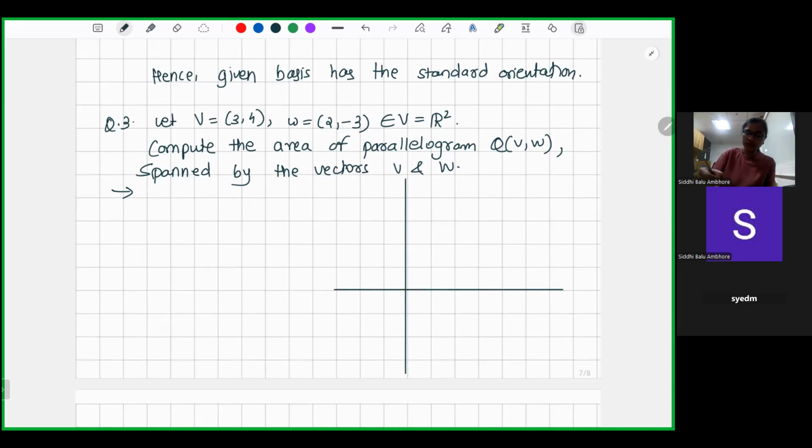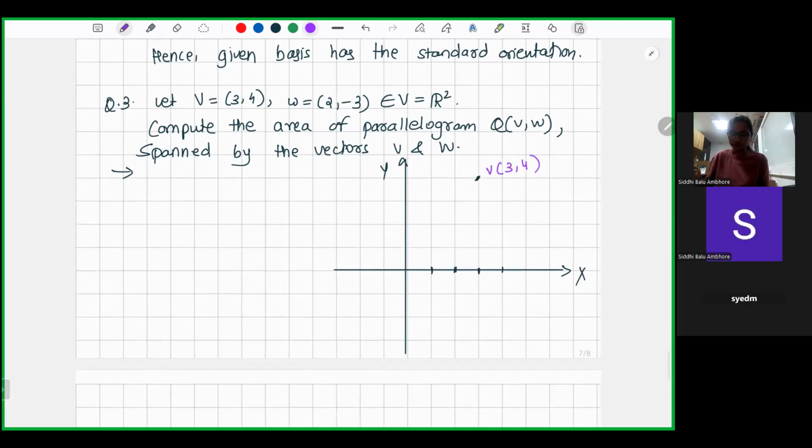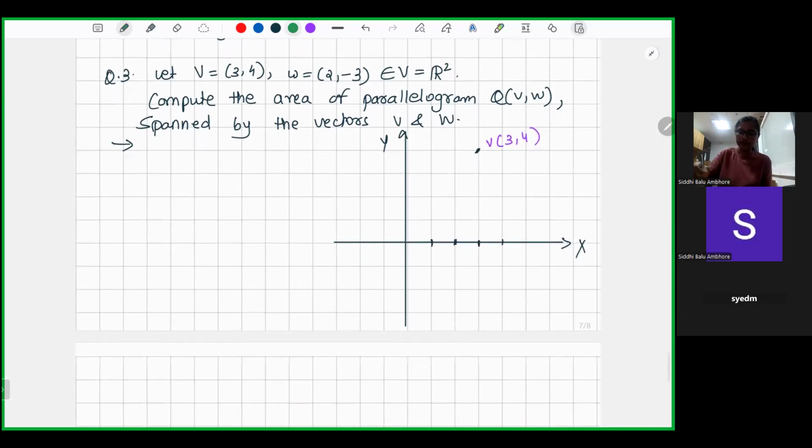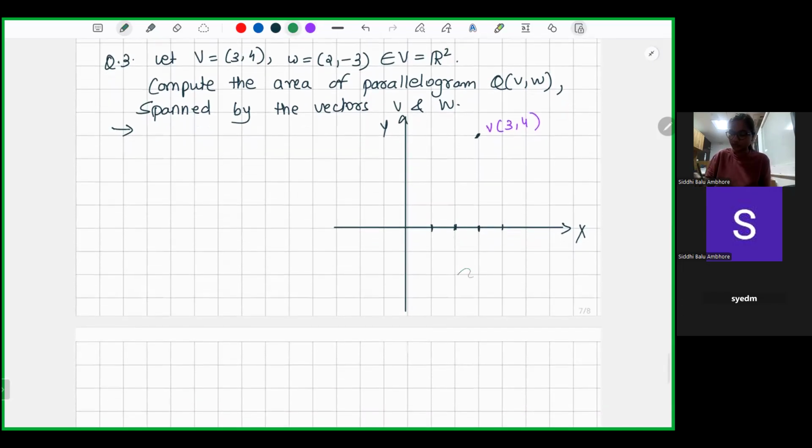So this first vector V is 3, 4. So if I consider this as my grid in R2, this is the x-axis, this is the y-axis. So 3, 4 will be somewhere here, right? So if I call this V, 3, 4, and my next vector is 2, -3. So 2, -3 will be here. So my parallelogram is this.